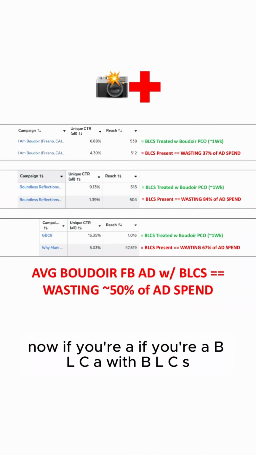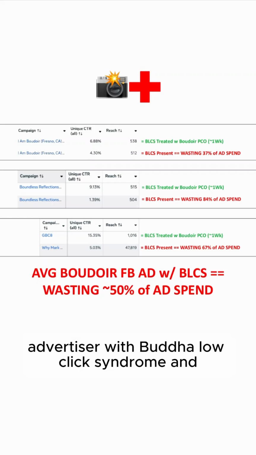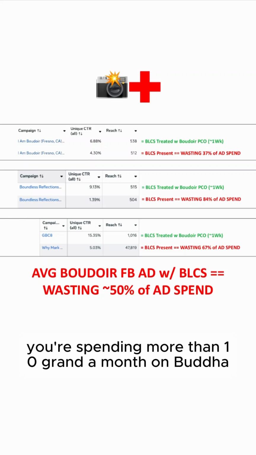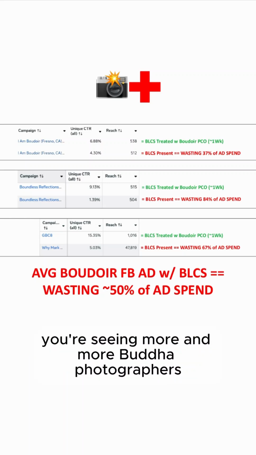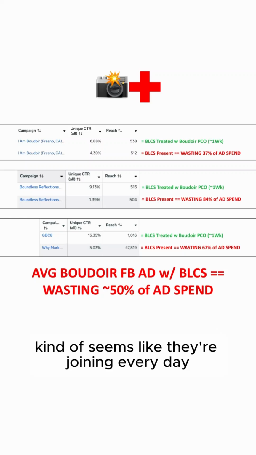So now, if you're a BLCA with BLCS, a boudoir low click advertiser with boudoir low click syndrome, and you're spending more than 10 grand a month on boudoir Facebook ads, and you are looking around at the marketplace, you're seeing more and more boudoir photographers, kind of seems like they're joining every day.